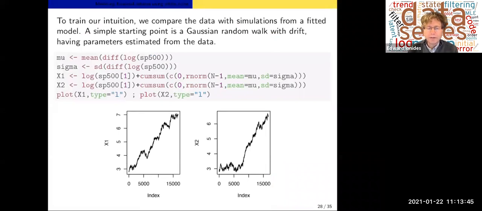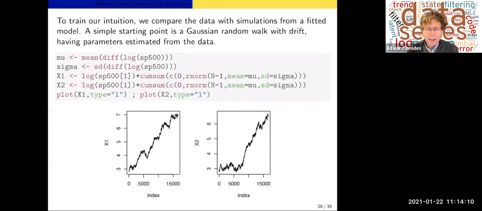Let's take a Gaussian random walk with drift, where the drift and the variance are taken from matching the data. Here you see mu and sigma come from the data. And then X1 and X2 are just two independent simulations, and we can plot them.